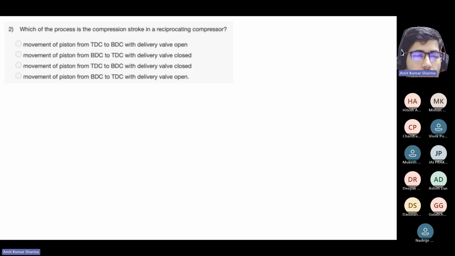Movement of piston from BDC to TDC with delivery valve open. It is option B.